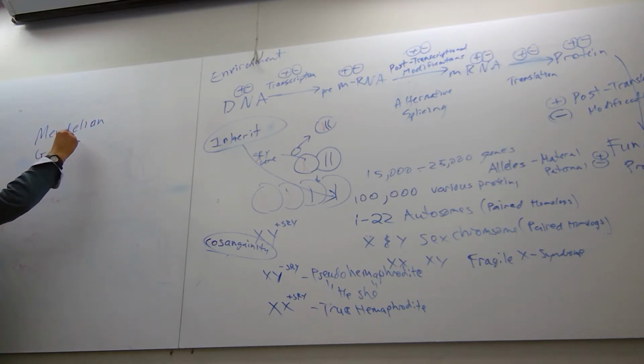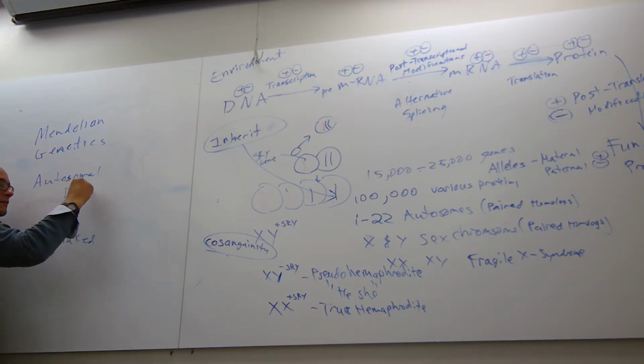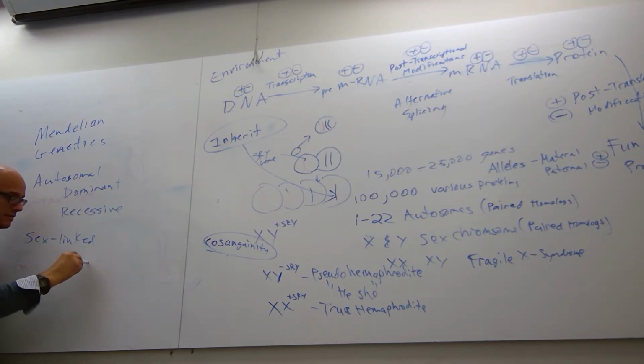So in Mendelian genetics, guys, you have, again, autosomal versus sex-linked. Autosomal dominant versus recessive, and sex-linked dominant versus recessive.